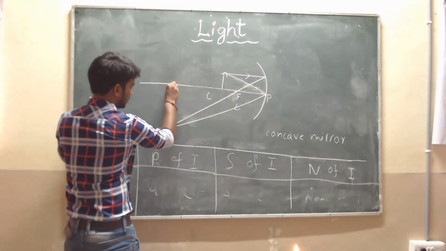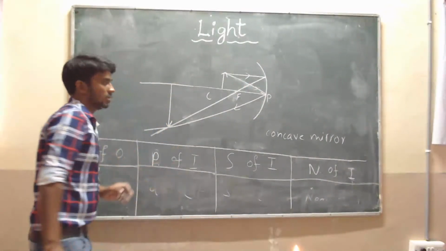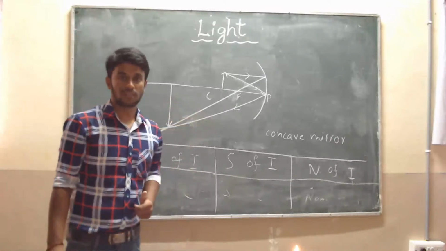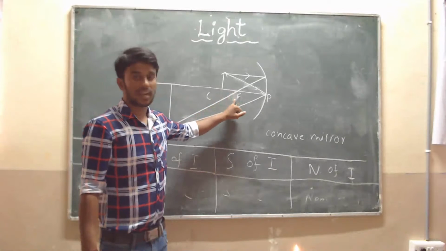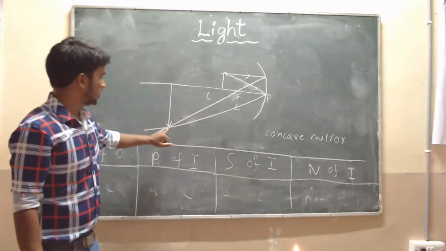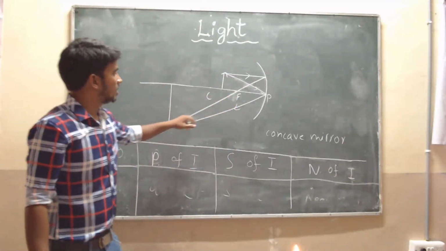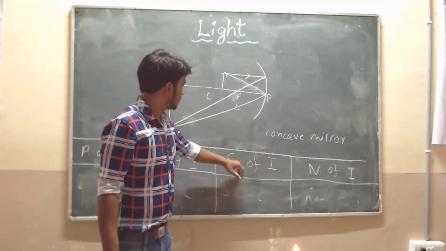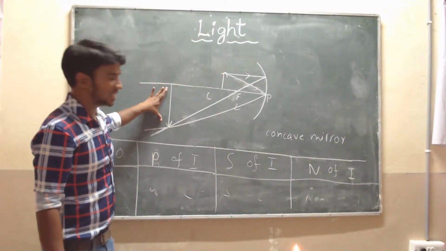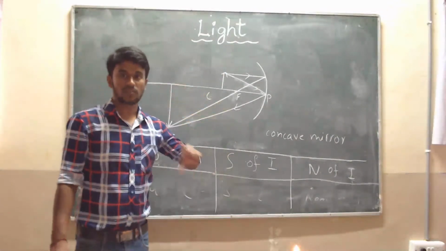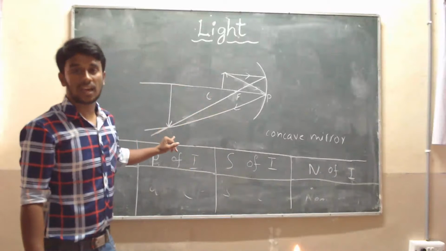That is behind the center of curvature. So now the position of the object is between C and F, the position of the image is behind C. Next, what about size? Just observe here. This is the object side, this is the image. I think it is greater, right? So here, instead of greater or bigger, we use enlarged.